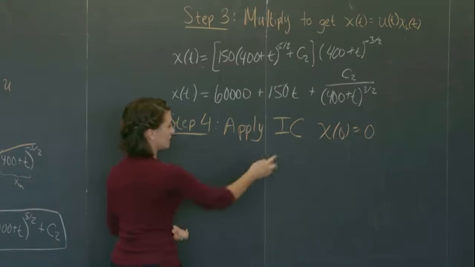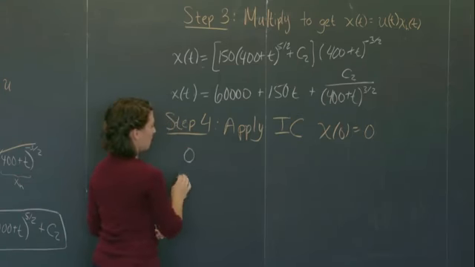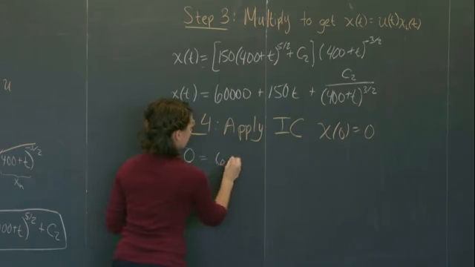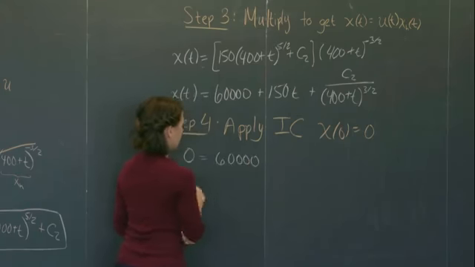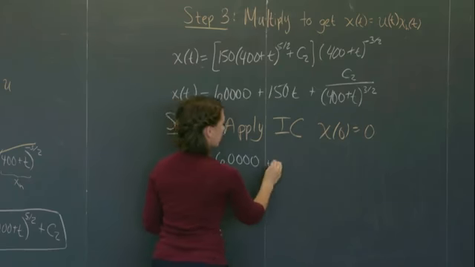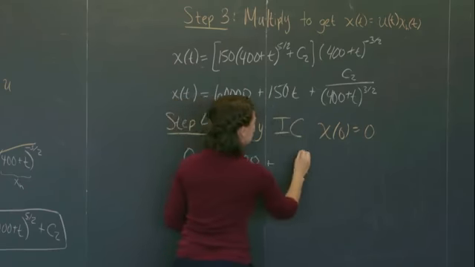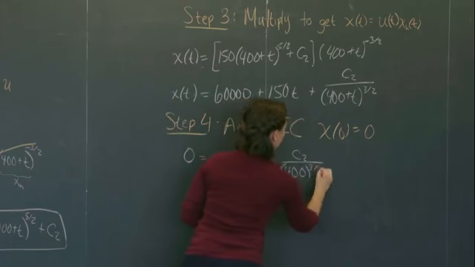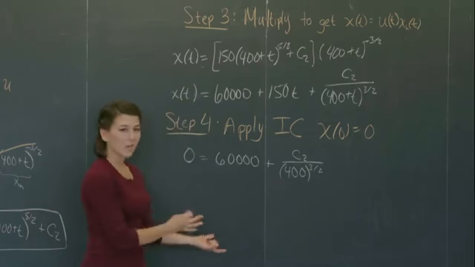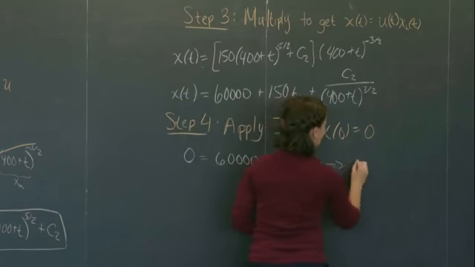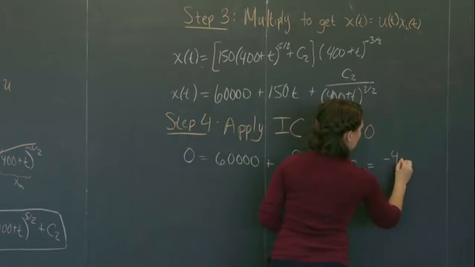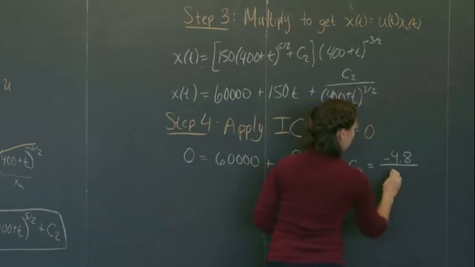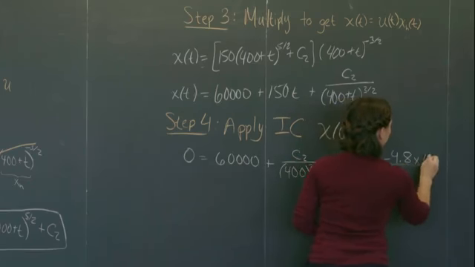So if we plug in 0, we know that x is equal to 0 at time 0. So 0 is equal to 60,000 plus 150 times 0 plus C2 over 400 to the 3 halves. And if you work out what this is, you see that C2 is equal to minus 4.8 times 10 to the 8th.